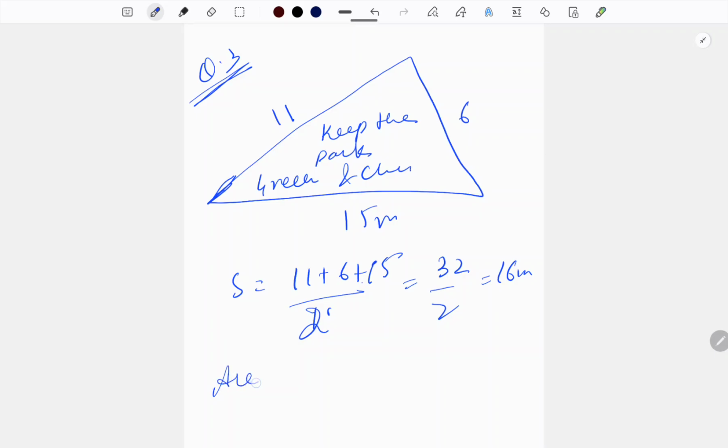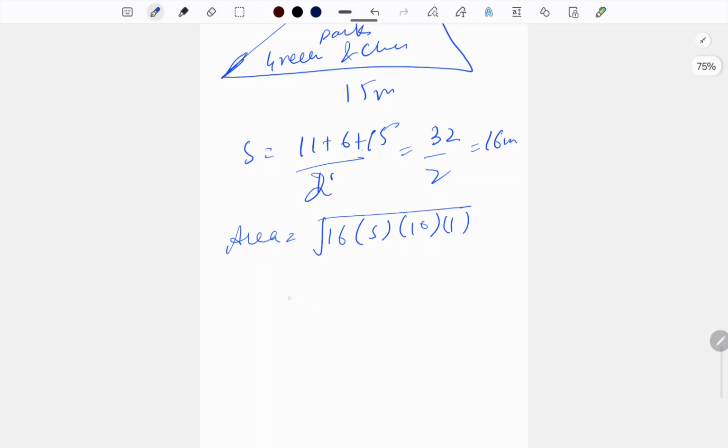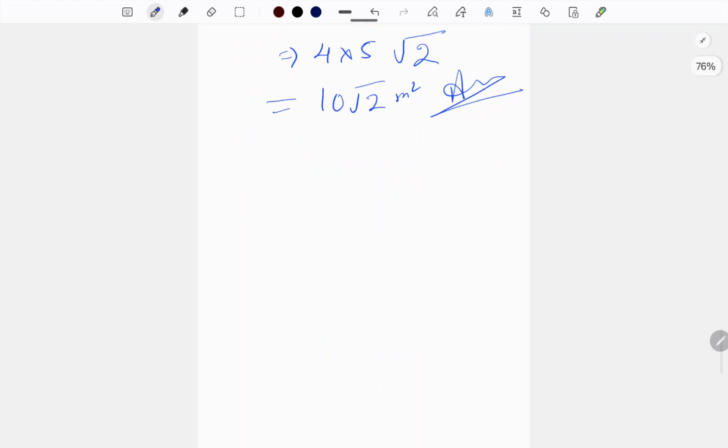So area will be under root 16. 16 minus 11 is 5, 16 minus 6 is 10, and 16 minus 15 is 1. So here it will come 16, 4 of course, and 5 and 5 here will be 5, and under root 2 will be left, and so 10 root 2 meter square is the area that is left behind to paint.